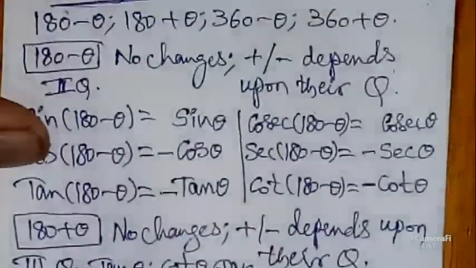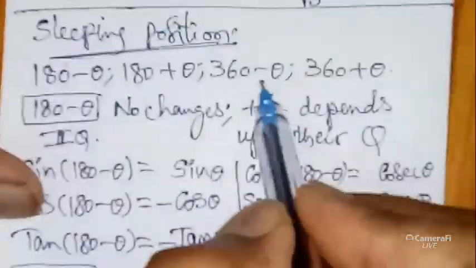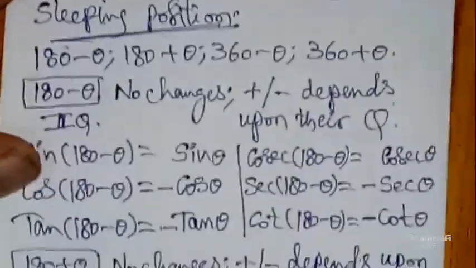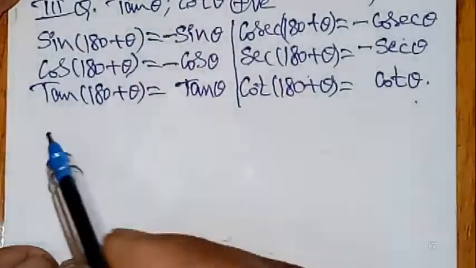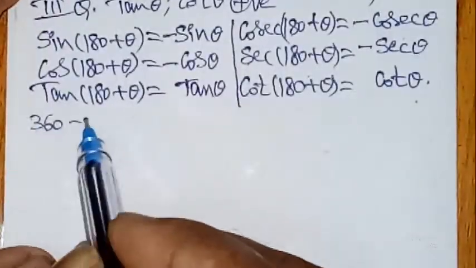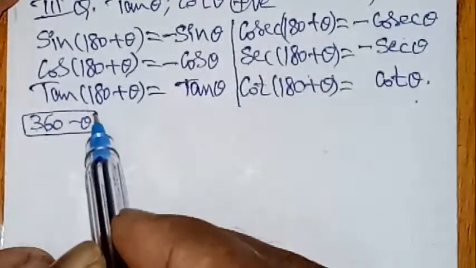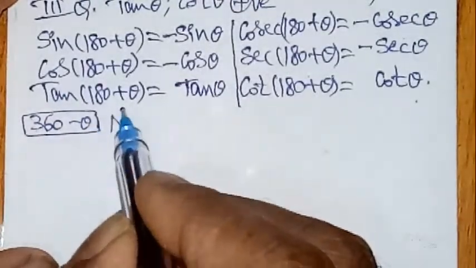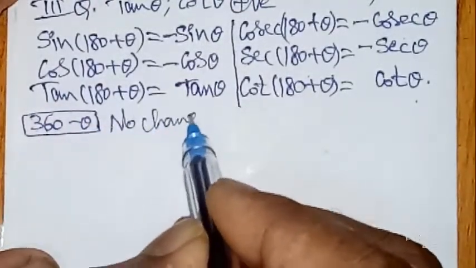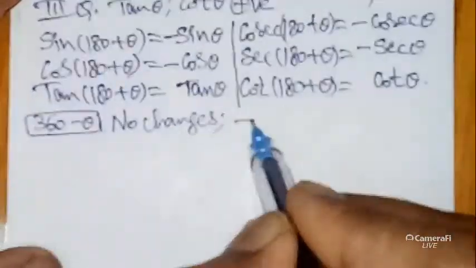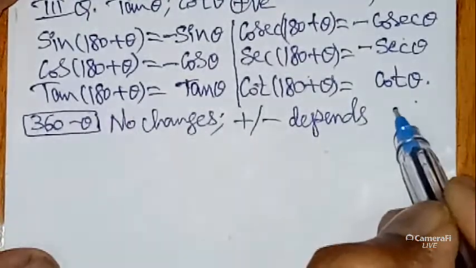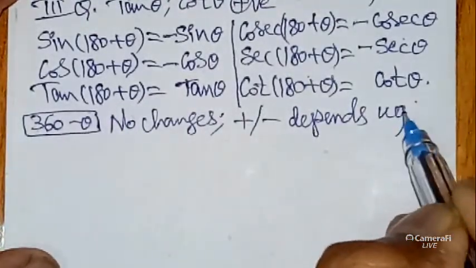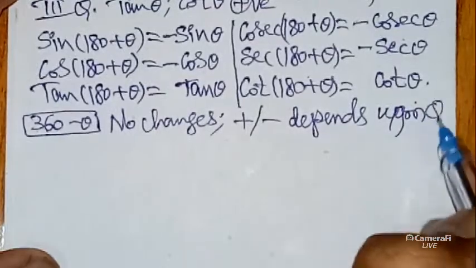Next, in sleeping position, another value, 360 minus theta. Now I wanted to take 360 minus theta, it is in sleeping position. Our logic is no changes, and plus or minus depends upon their quadrant.